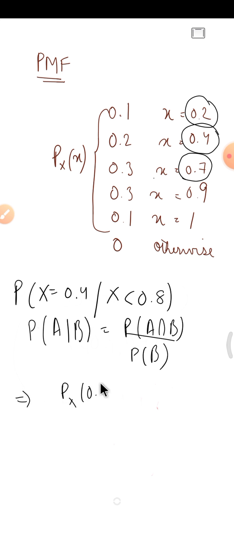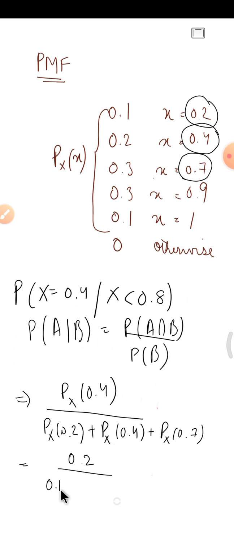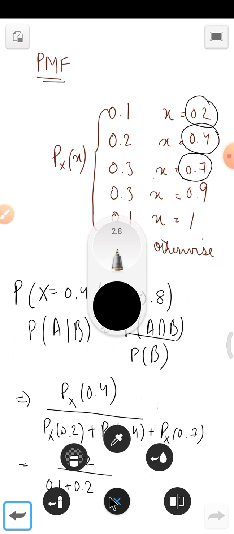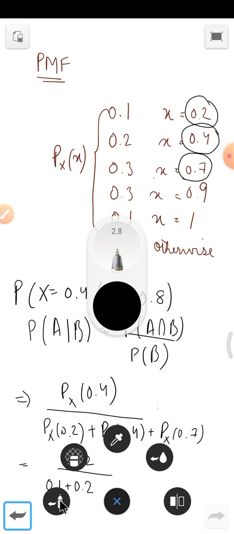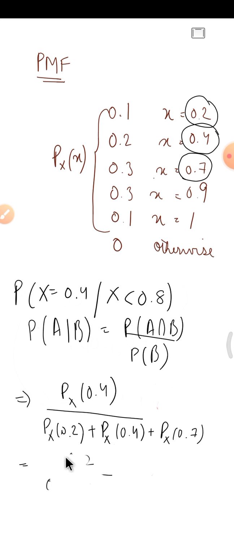So we will just use the values: 0.2 upon 0.1 plus 0.2 plus 0.3, which will be 1 by 3.